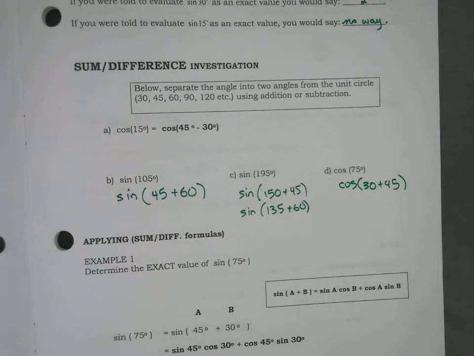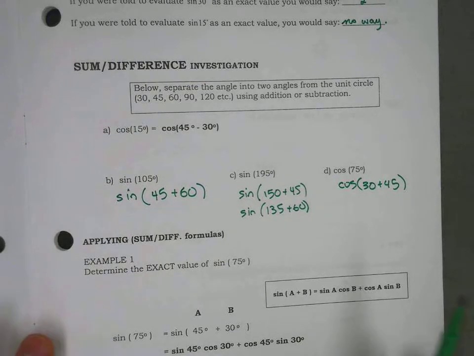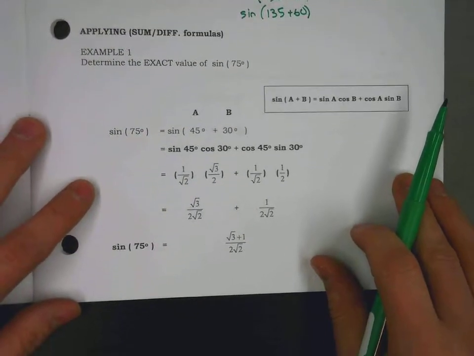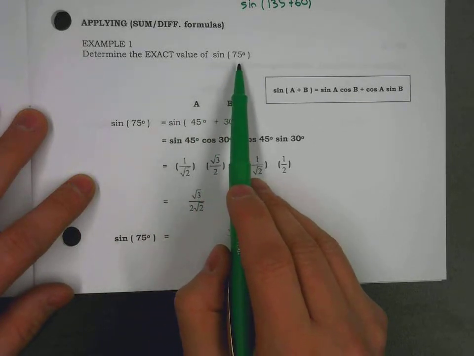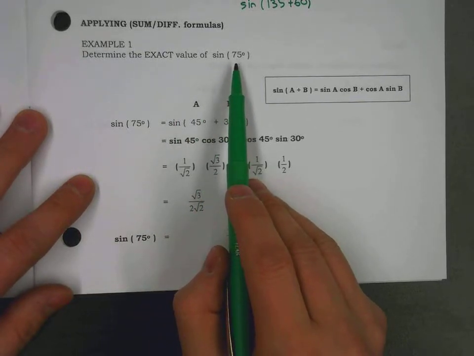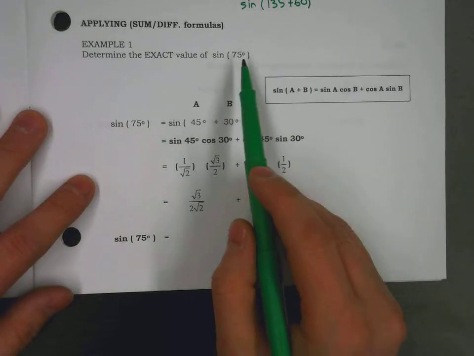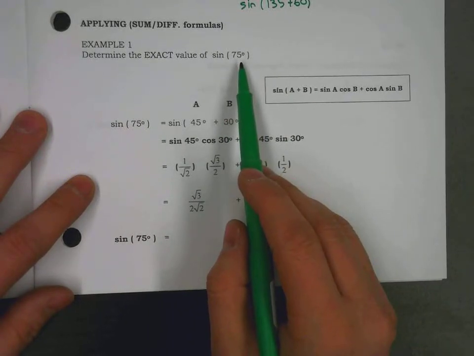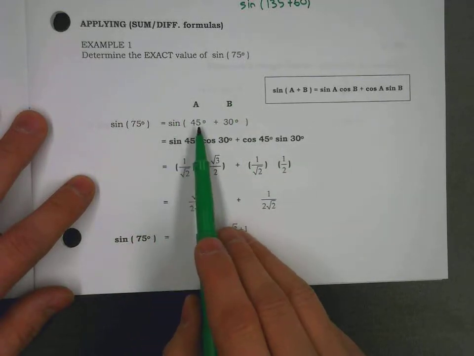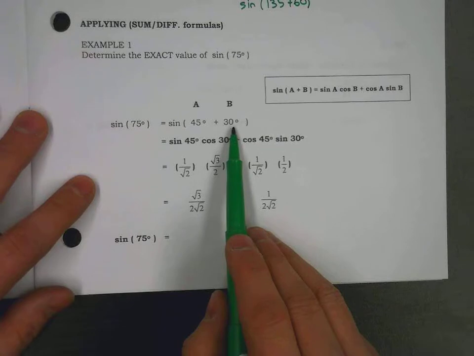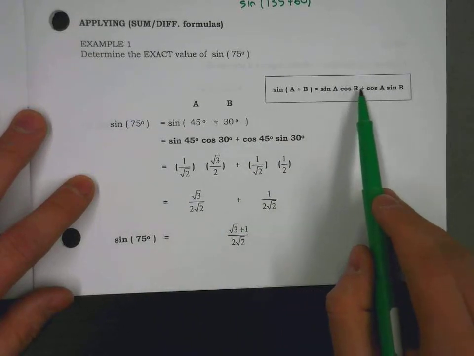I worked out an example to clarify how to evaluate a question like this. So if you were asked to determine the exact value of sine of 75 degrees, we're not typing that into our calculator. It will give us a decimal. We can say, 75 might be something that I could create using angles we know. You could say that sine of 75 is sine of 45 plus 30. On the formula sheet, you would see something like this.